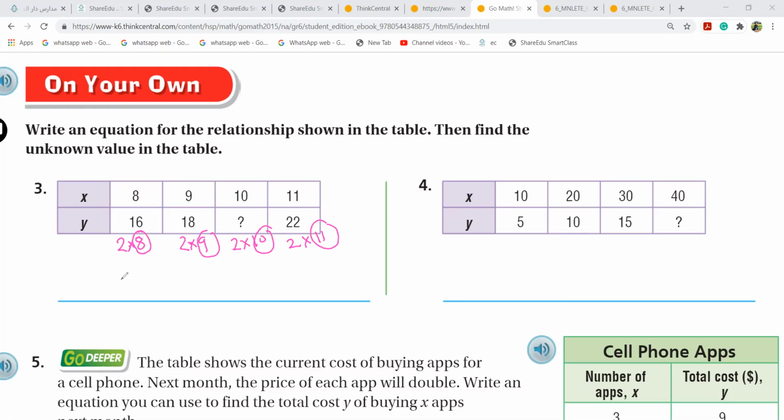So I can say the value of y is nothing but 2 times x. When it is 2 times 10, I get y equals 20.